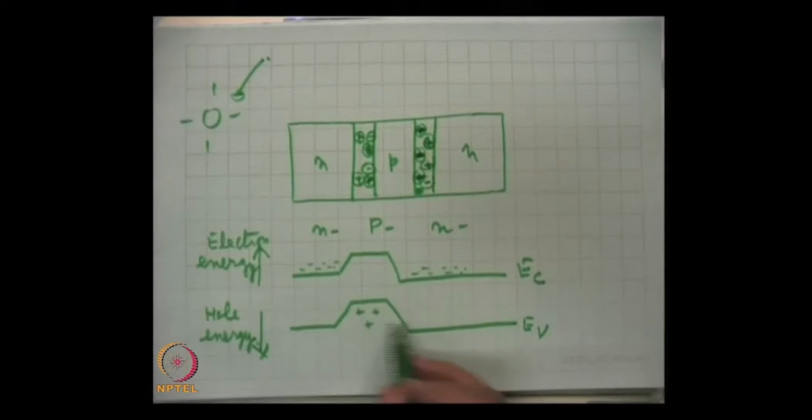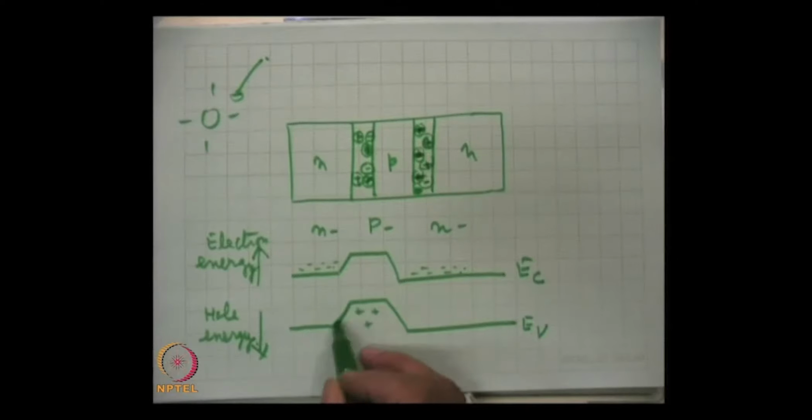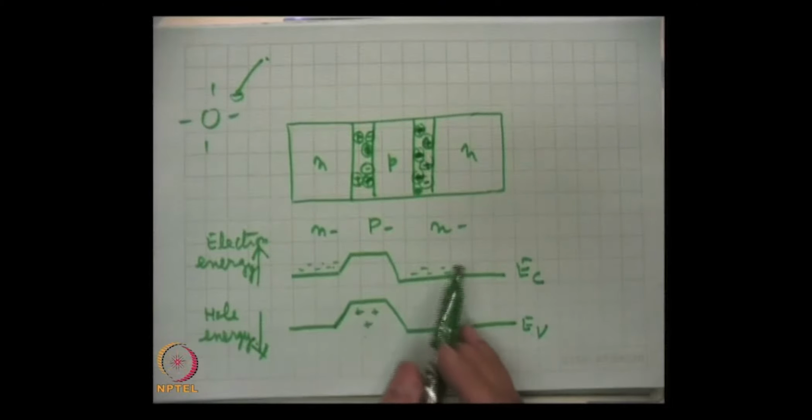Similarly, these holes cannot flow towards the emitter or towards the collector, because this is not the downhill, this is also the uphill for the hole. Holes here have higher energy than this, and they do not have this much energy, so that they will also be unable to move either towards N or P.